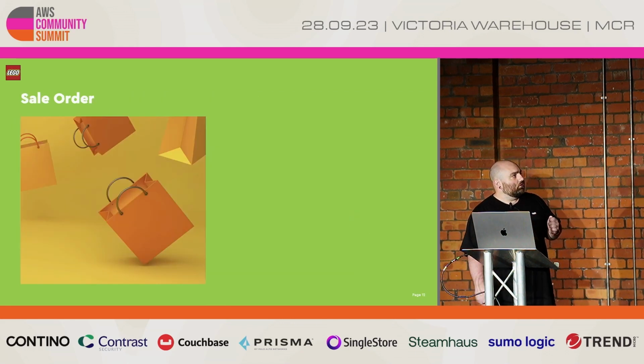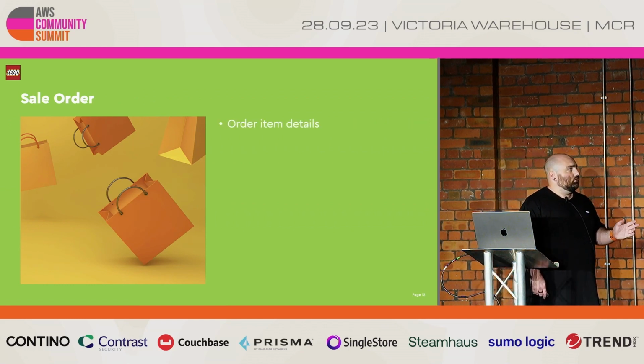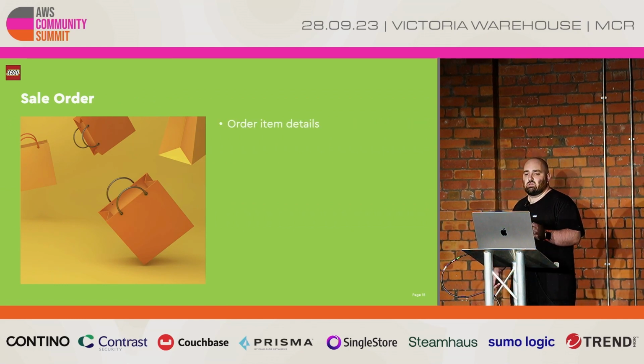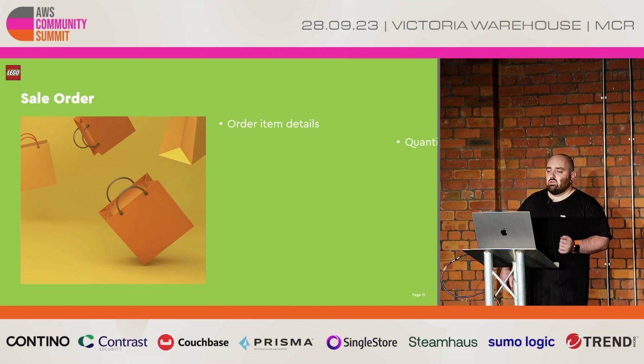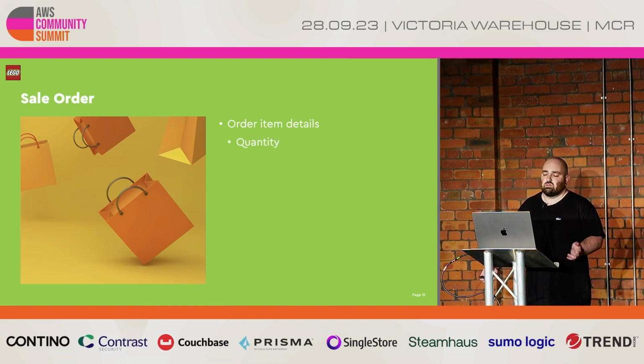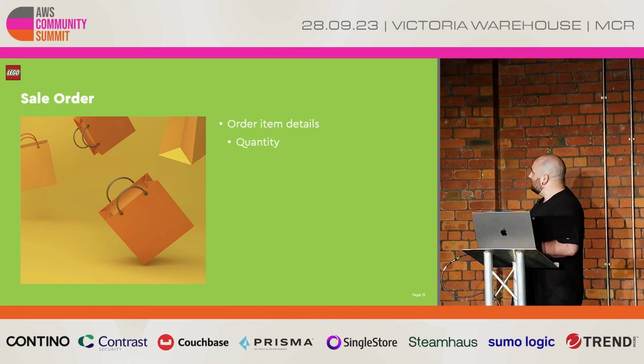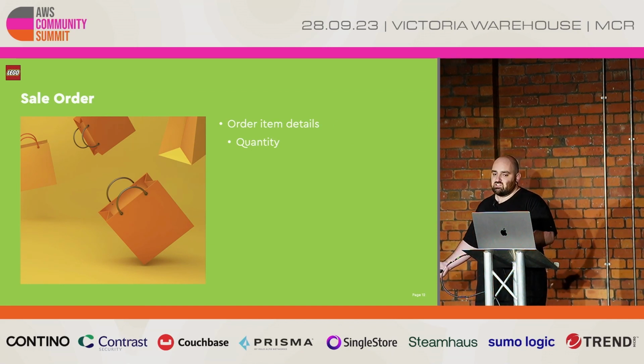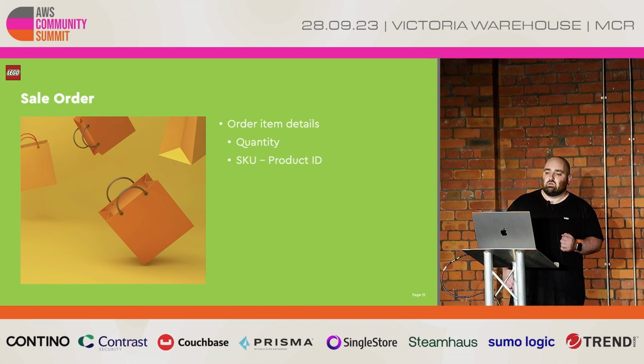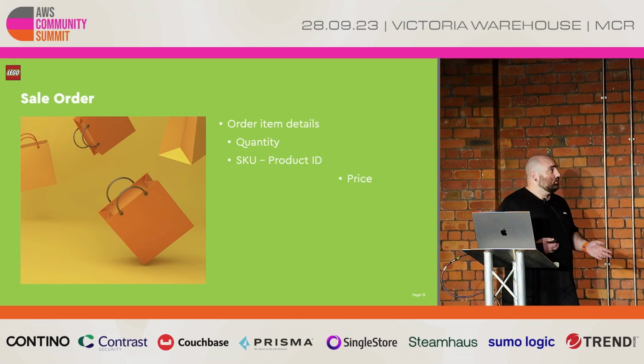There's the capability to handle both sale orders and return orders. Looking at a sale order first, you'll have things like your order item details, so we can work out the quantity, how many of this set they might be buying. We get the SKU, which is the product ID, so we know which product it is when we're handling it.